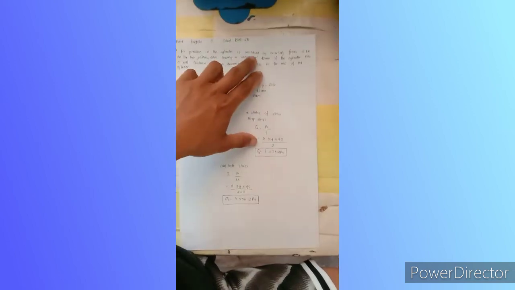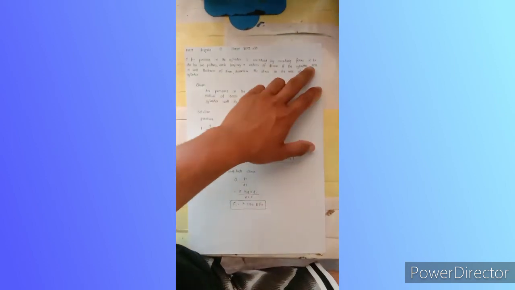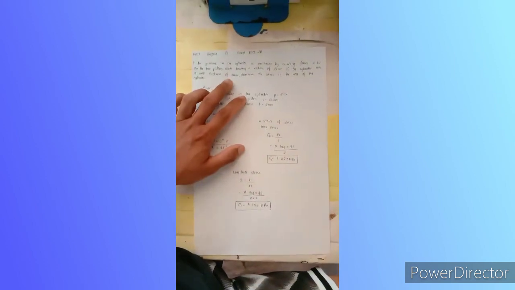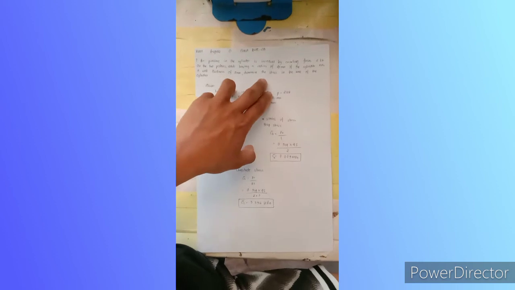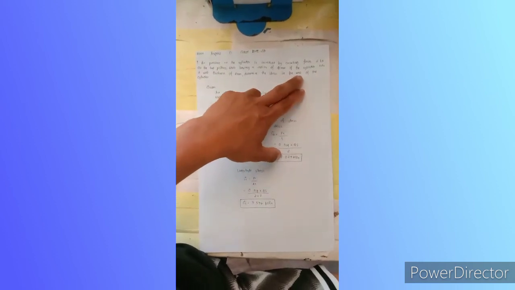So for number 7, air pressure in the cylinder is increased by exerting a force of 2 kN on the piston, which has a radius of 45 mm. If the cylinder has a wall thickness of 2 mm, determine the stress in the wall of the cylinder.